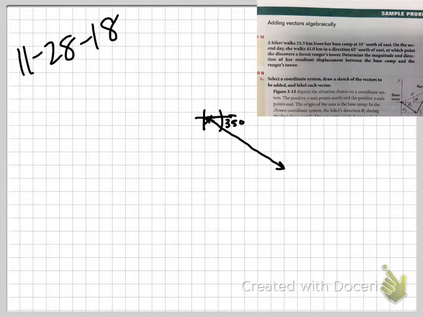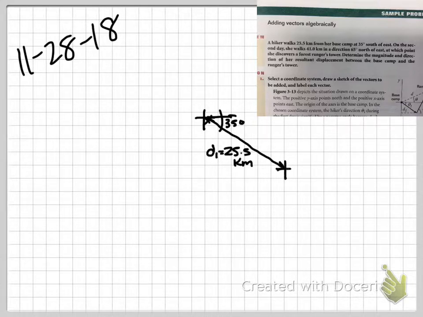She goes 25.5 kilometers. That's her first displacement. Then, day 2, presumably she makes camp.